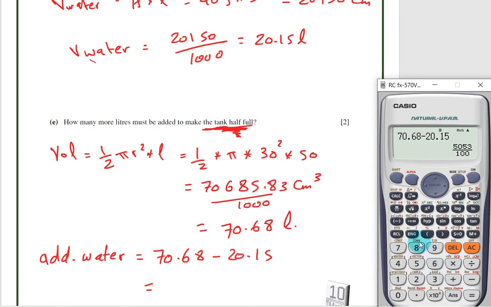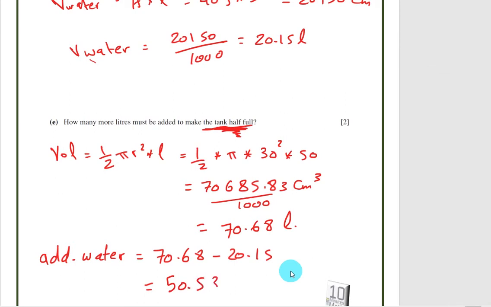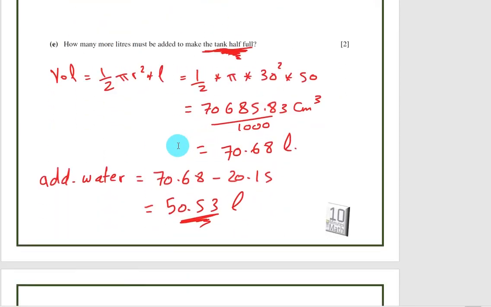So I need to add 50.53 liters to make the half of the tank full.